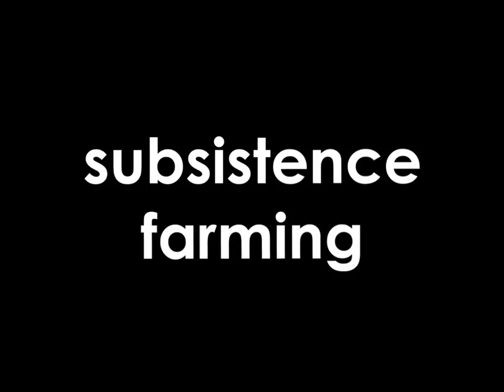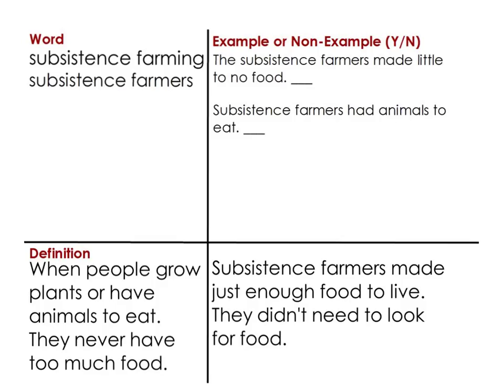You might also see subsistence farmers. Let's read the definition together. When people grow plants or have animals to eat, they never have too much food.